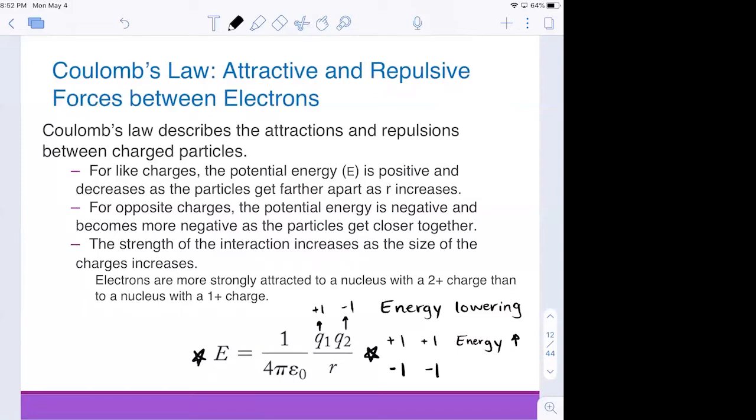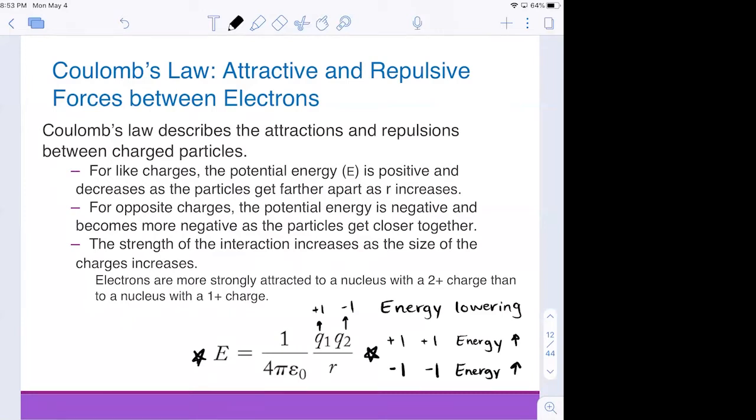A -1 multiplied by a -1 for Q1 times Q2, that is also energy increasing. A -1 times another -1 is an overall positive value, which means, again, unfavorable. We're increasing the energy of the actual system or the atom. So electrons repel each other. That's what Coulomb's law tells us.